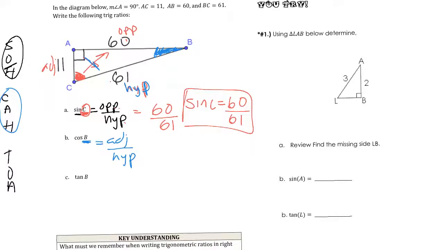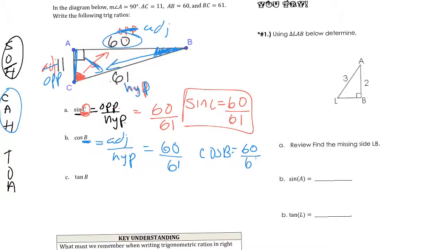It's over here, so this is my opposite now. And now this is my adjacent. Because I switched the angles, my opposite and adjacent switch. So if I'm looking at B, I want the adjacent, or the one next to it, 60, over the hypotenuse, 61. So cosine of B equals 60 over 61 for this triangle.